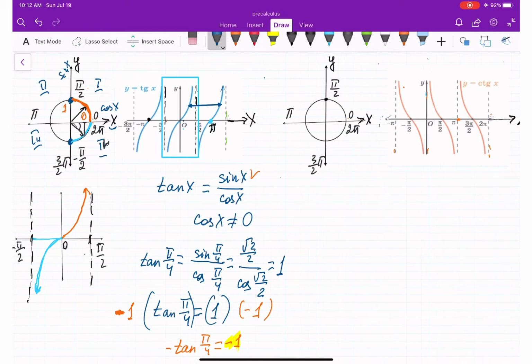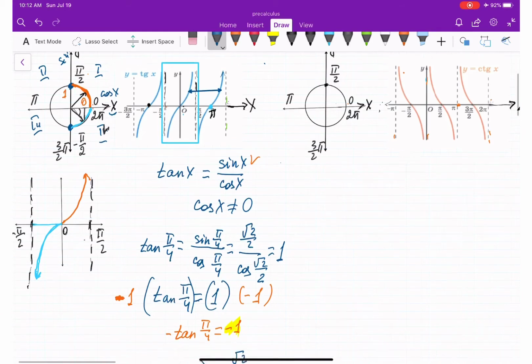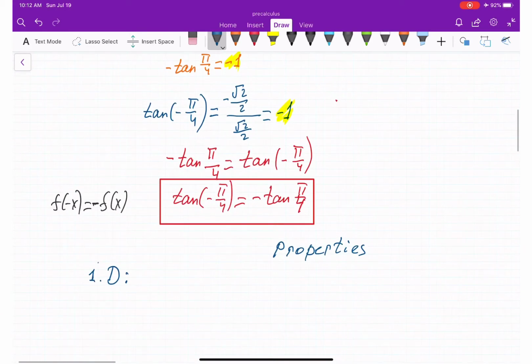Half a pi, negative half a pi, and then repeating by pi itself. So domain can be anything but half a pi plus n times pi, where n is a whole number which can be positive and negative, right?